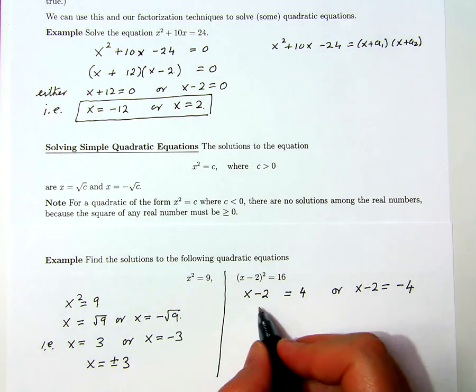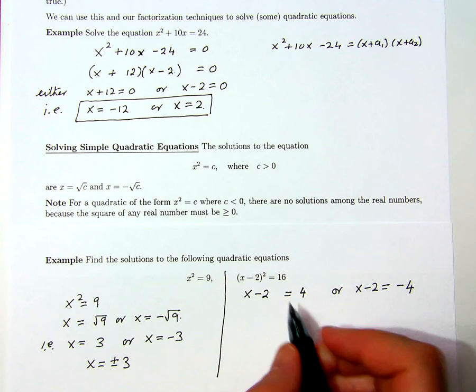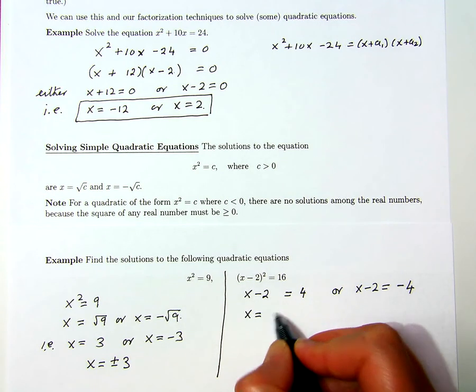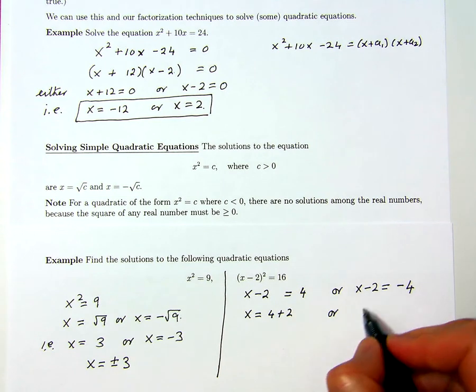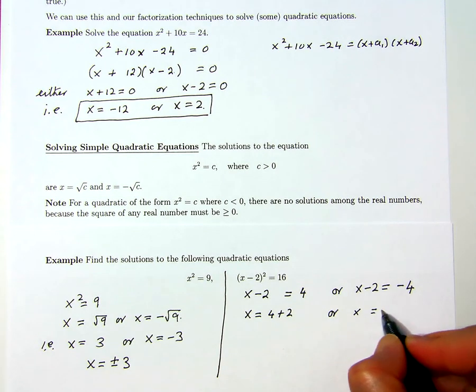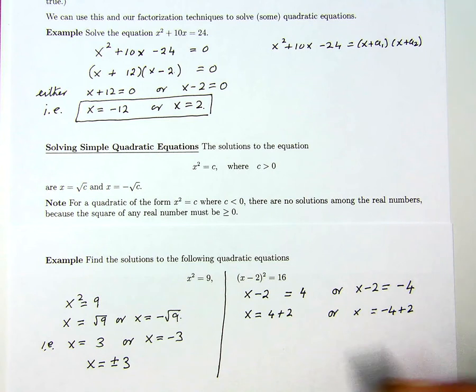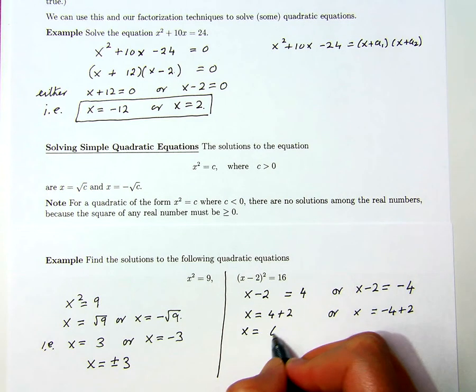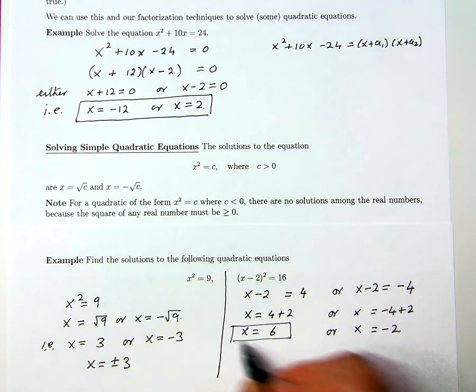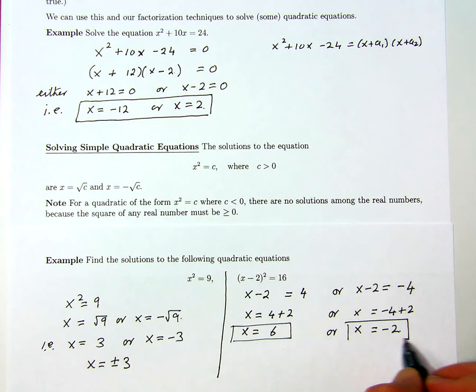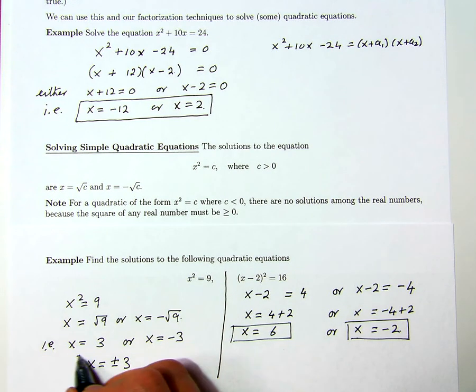And now I have two equations, and I can solve for x in both of them. So I get x equals 4 plus 2 here. Or, on the other hand, I might have x equals minus 4 plus 2. This gives me x equals 6, or x equals minus 2. So I have two solutions to the above equation, either x equals 6 or x equals minus 2.